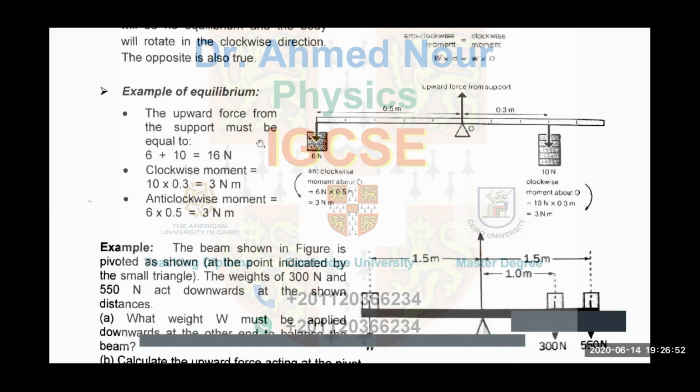The upward force from the support must equal 6 plus 10. Why? As I told you before, the downward forces must equal the upward forces. That's why I add 6 newtons plus 10 newtons, so it will be 16 newtons. So the first condition applies.